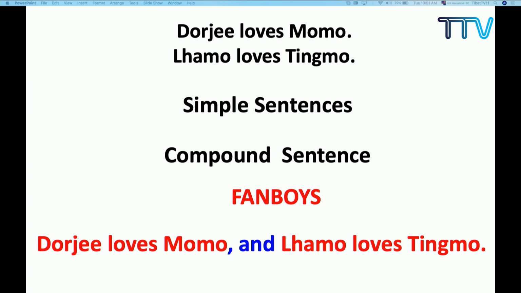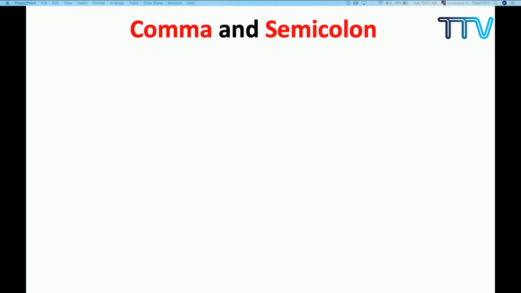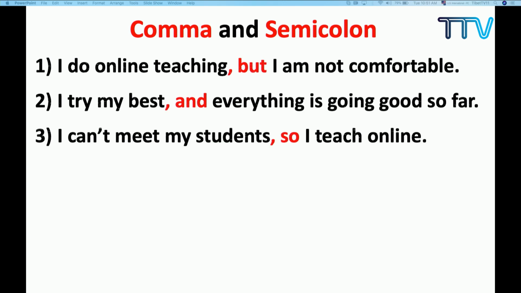Now, do you see the difference between a simple sentence and a compound sentence? When we combine two independent clauses, two simple sentences, to make a compound sentence, we make use of a comma and a semicolon. Let us look at this: I do online teaching, but I'm not comfortable.